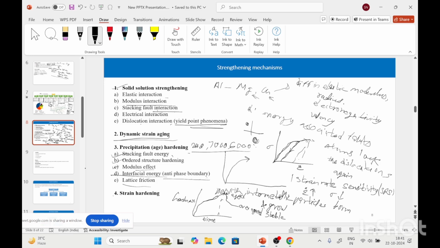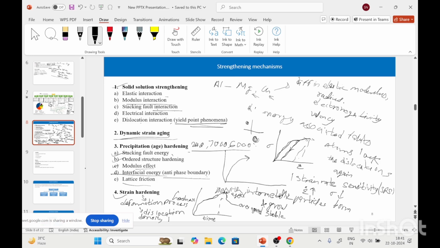And next is the strain hardening, means strain hardening generally occurs with the deformation process, means due to deformation the dislocation density increases. So the increase in dislocation density increases the strength of the alloy. So these are the strengthening mechanisms in aluminum alloys.